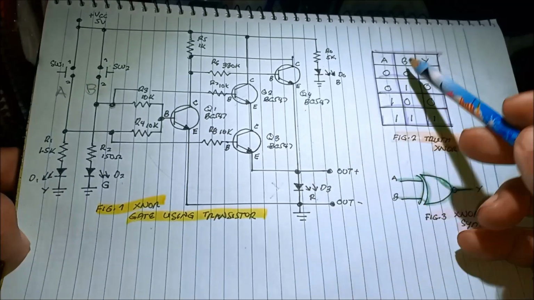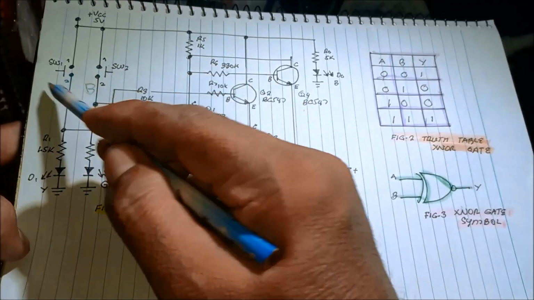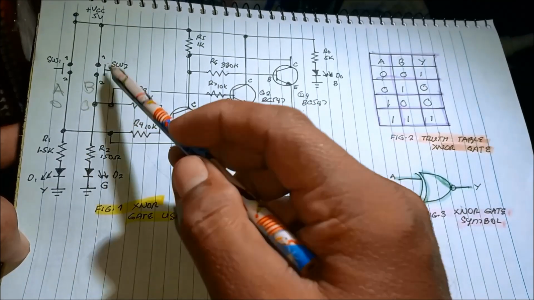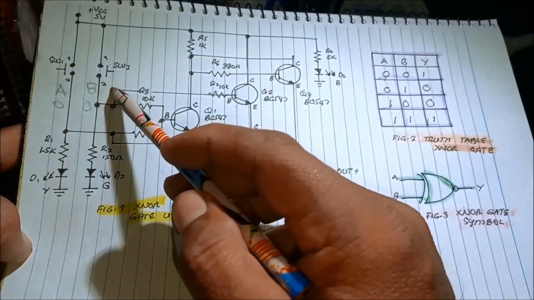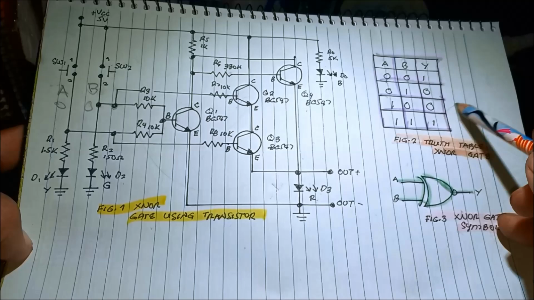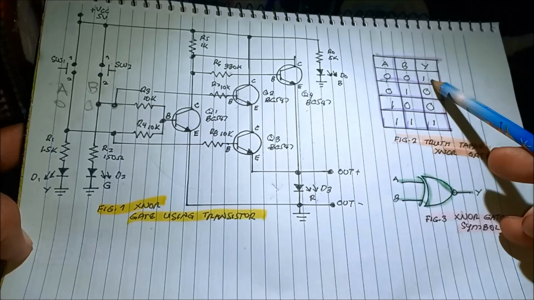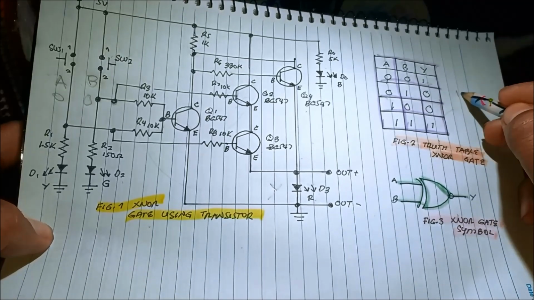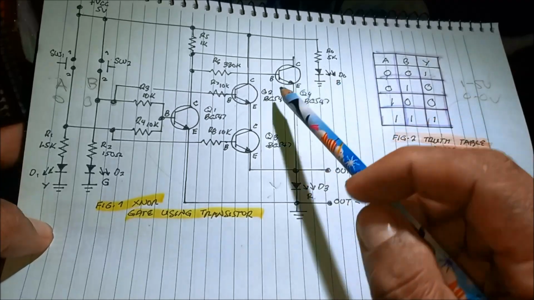When we did not press the switch, A is 0, B is 0. We don't have any input. We're using 5 volt supply. So the initial state of the circuit is 1. It means it is on, or in a high logic level. 1 means it is 5 volts and 0 means 0 volts, grounded.